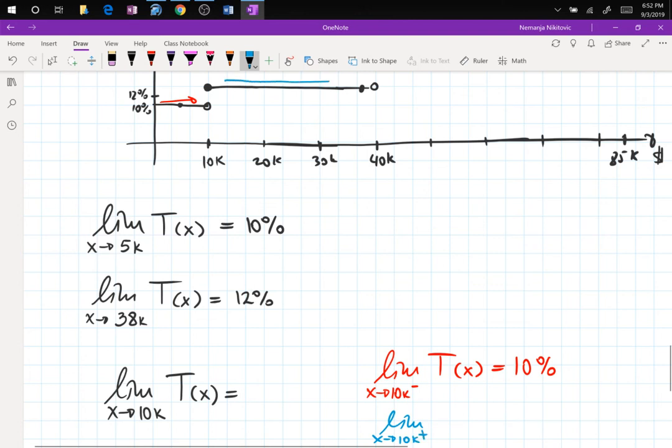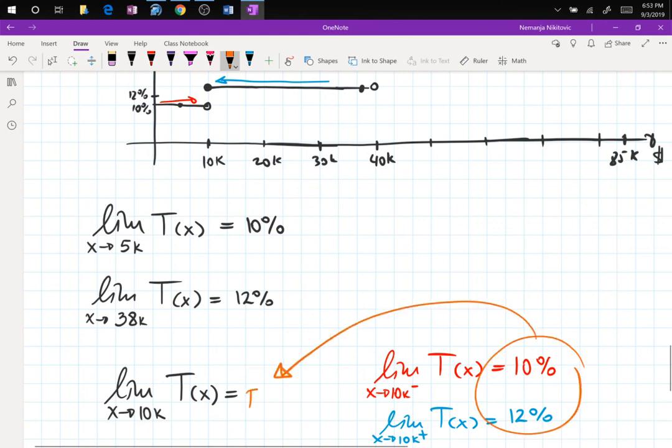He's walking on the higher step going towards 10k for this tax function, and he's reporting 12% on his side. And they're not equal. Therefore, because of this issue here, we have to say limit does not exist because these two didn't agree. Right? Didn't agree, there's an argument, the death, and that's it, done.